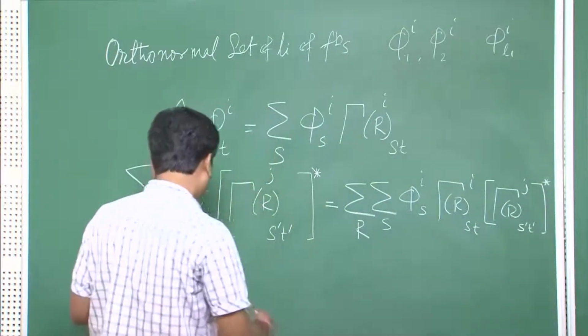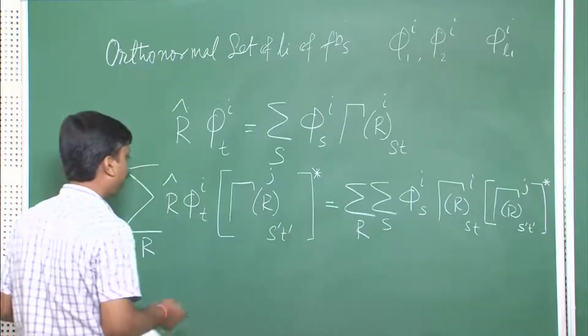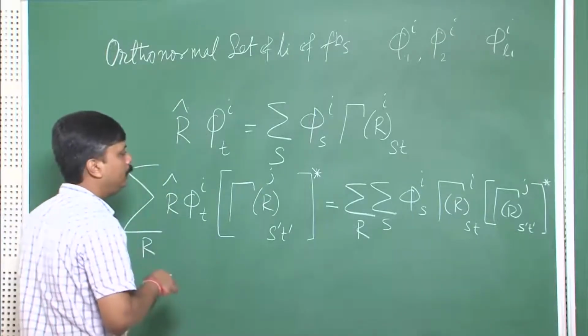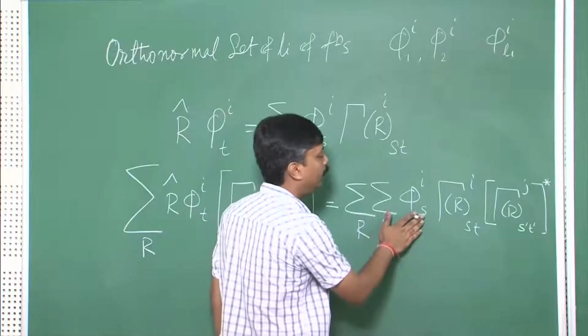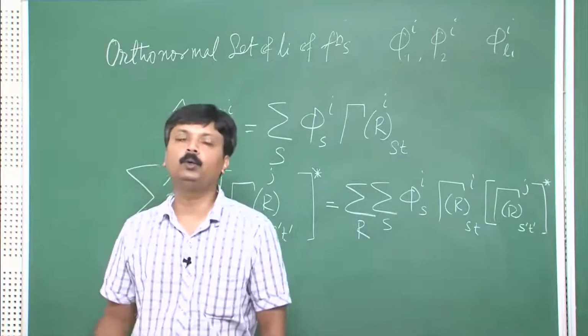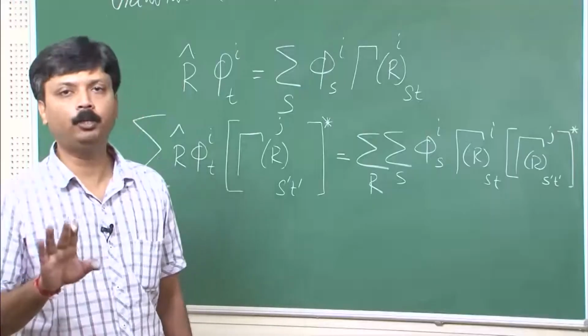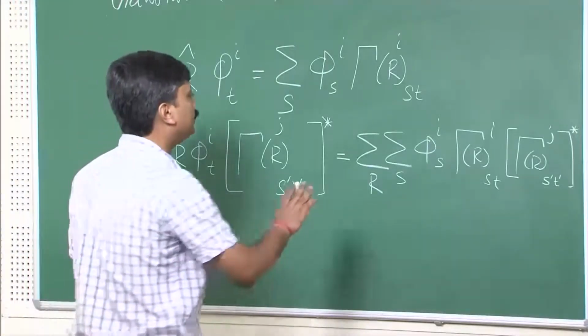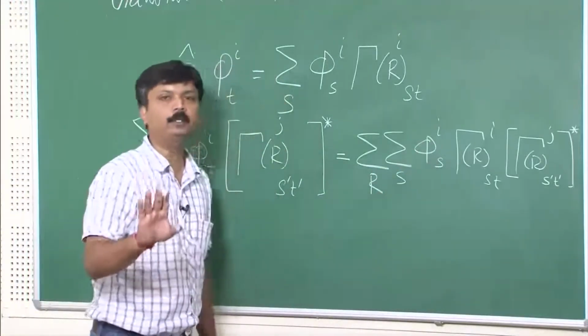Now one thing you notice here, this phi is a function, so it is independent of the symmetry operation, right. It does not clash with the symmetry operation.